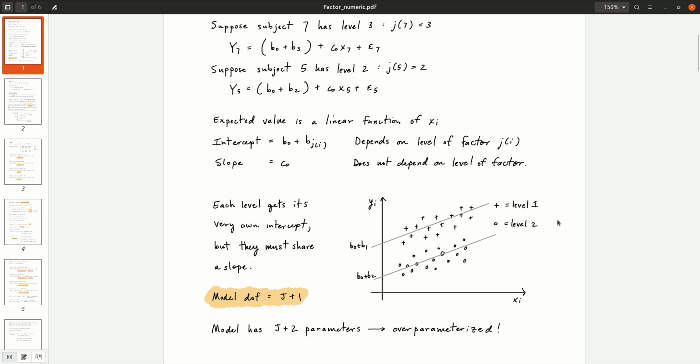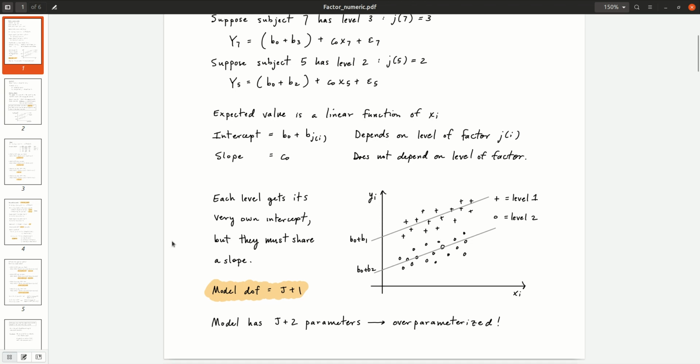So keep this kind of picture in mind when you're thinking about the additive factor numeric model. Of course, sometimes there's going to be more than 2 levels of the factor. That just means there's going to be more than 2 lines, but they have to be parallel to each other in the additive model. So a note on degrees of freedom.